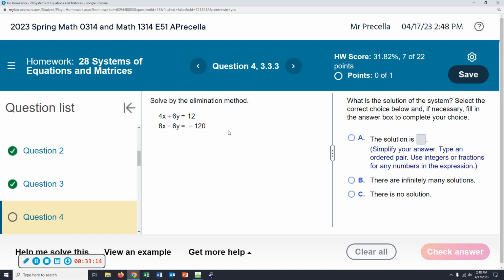Let's see. 4x plus 6y equals 12. And 8x minus 6y equals negative 120. If I add vertically, will we eliminate one of the variables? Yeah, those 6y's will be gone.